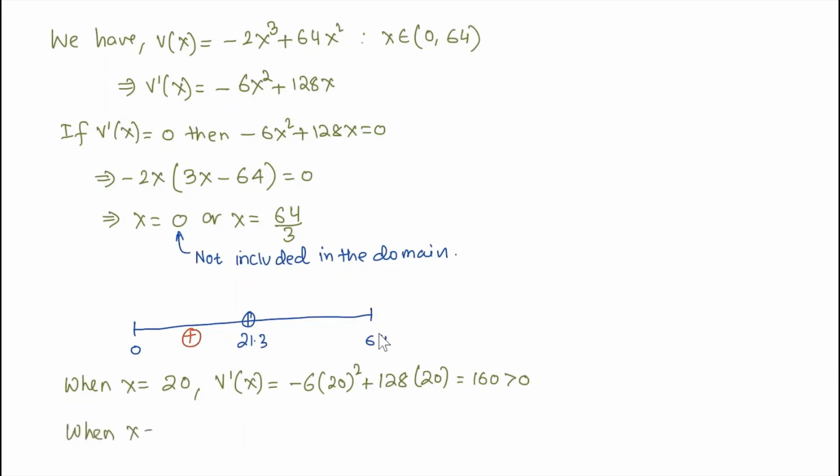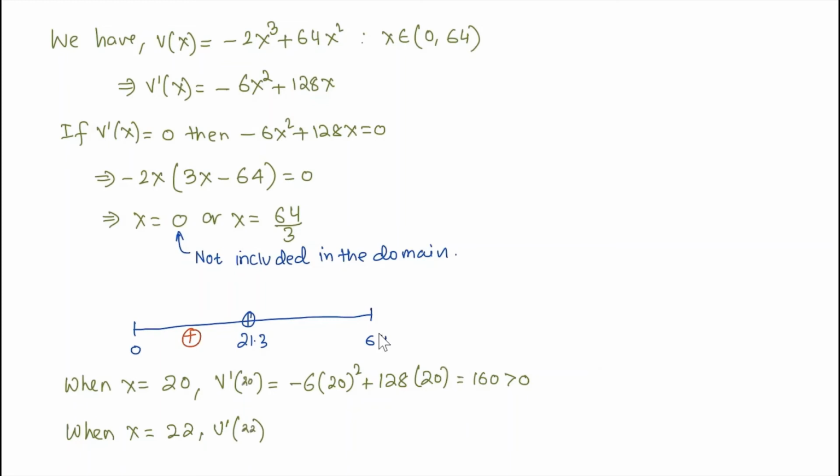When x equal to 22, the derivative at 22, over here in the parentheses, you can even write 22, that's the best way. Just give me a second here. I just want to erase this and then write 22 here.